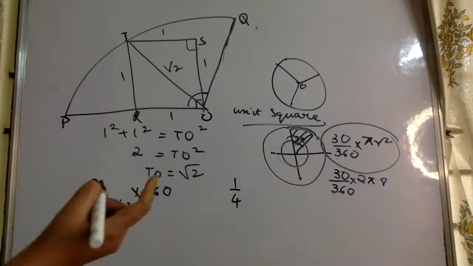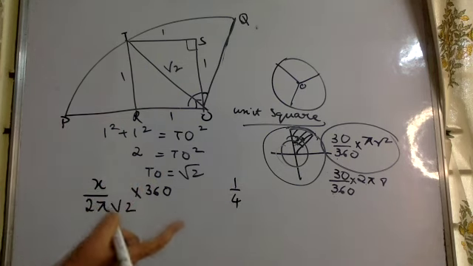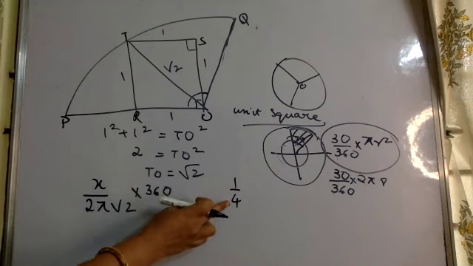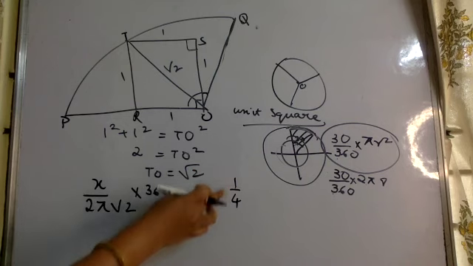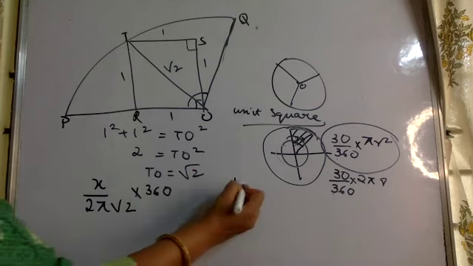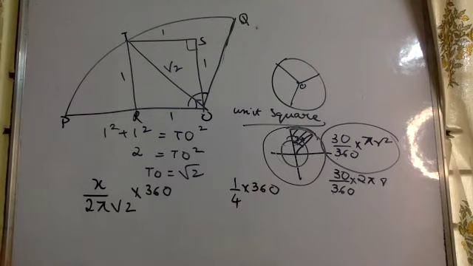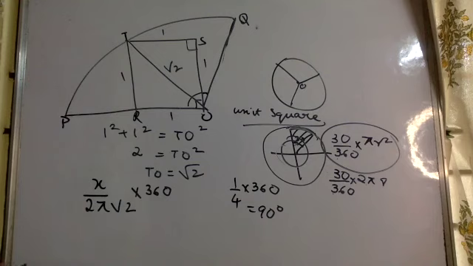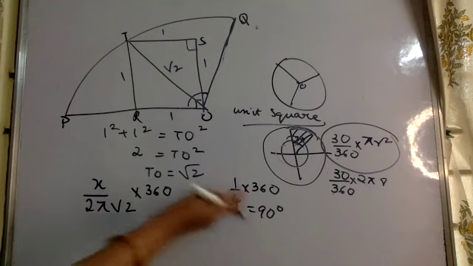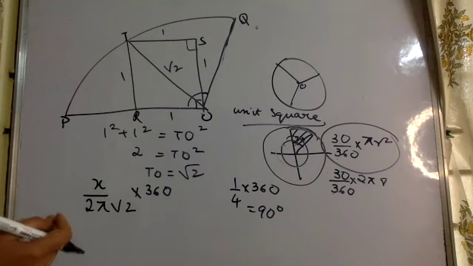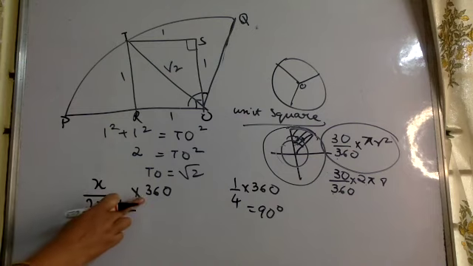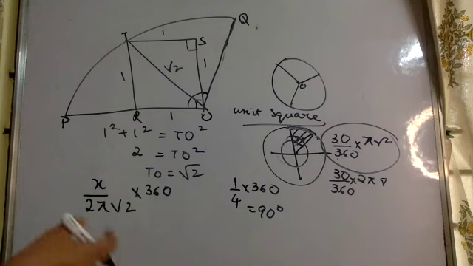So arc length to 2 pi r for a quadrant is 1/4, and 1 by 4 of 360 degrees is 90 degrees, isn't it? See how smoothly I got my angle. Similarly here, arc length by 2 pi r into 360 is bound to give me the angle.